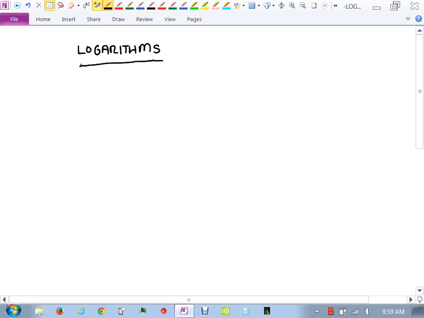People look at logarithms and they automatically start shutting down because it's something that they don't have a lot of experience with. And so they're like, "Oh, this is why I hate math." It's a log that, you know, can move.